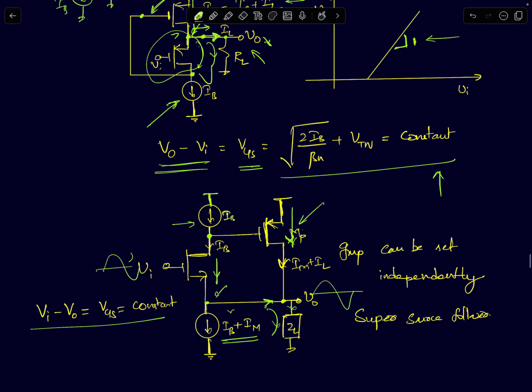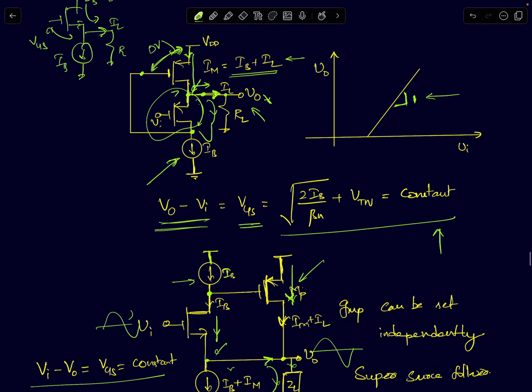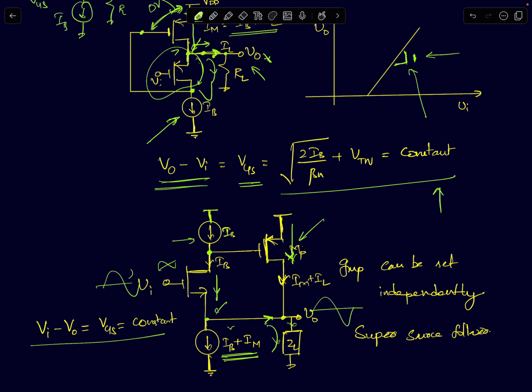Now, if you observe this device, I've done something very interesting here. I've just modified the architecture and used negative feedback. I'm burning finite power. IB plus IM is finite current. And I've achieved a near linear characteristic. V0 is very linear with respect to Vi. Okay, for resistive loads, I've achieved a near linear characteristic, wherein the VGS is always constant even if your input is changing.